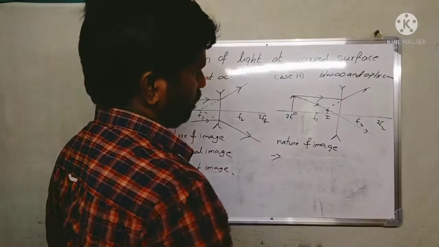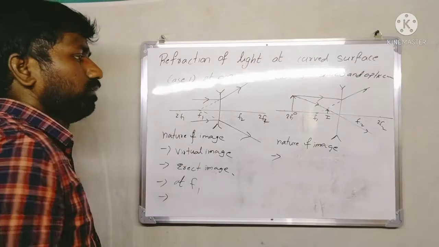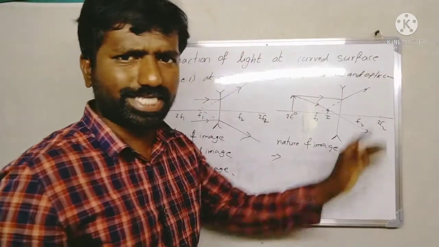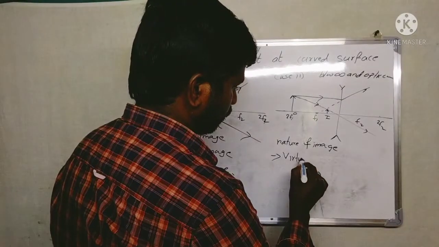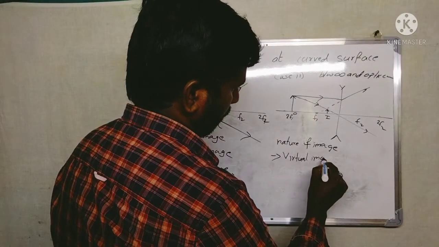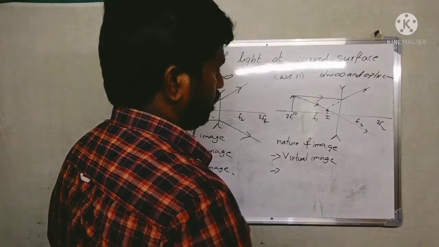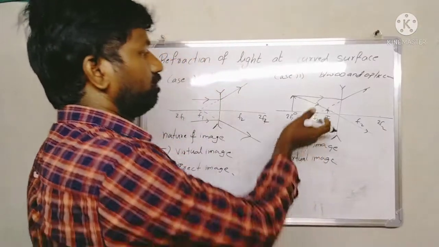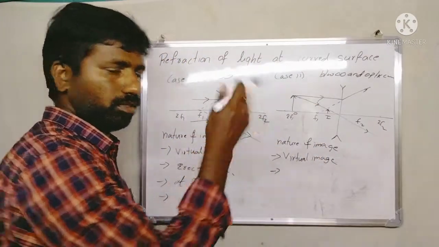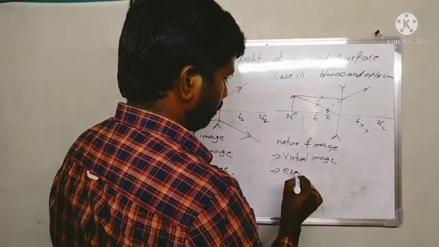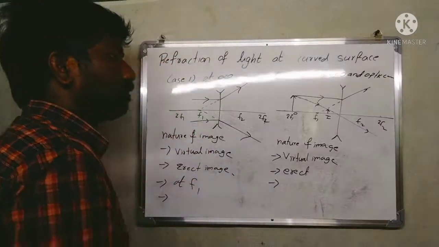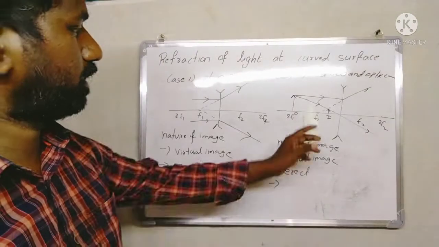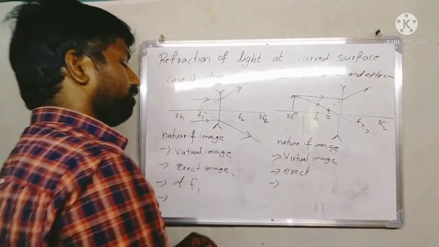Nature of image. First one, virtual image. Why? Because the extended refracted rays are intersecting. You will get a virtual image. Next one, erect image, because the object and image both are above the principal axis. Next one, small image or enlarged image when compared to the size of the object? It's a diminished image.